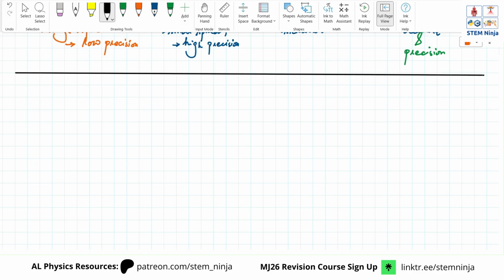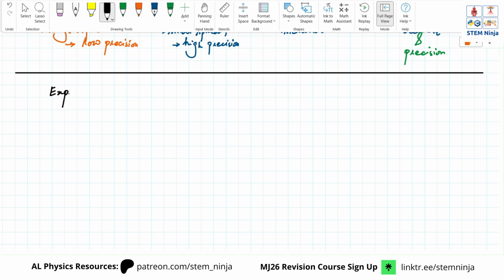Now, how do we express uncertainties? There are majorly two ways, but we can extend them to three ways. There is an absolute uncertainty.